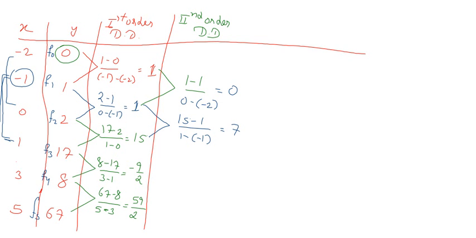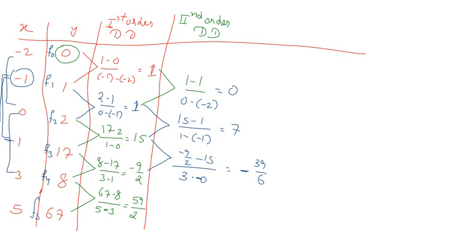Now for the next entry, you have minus 9 by 2 minus 15 divided by this interval. So 3 minus 0, so that is equals to minus 39 by 6, right?